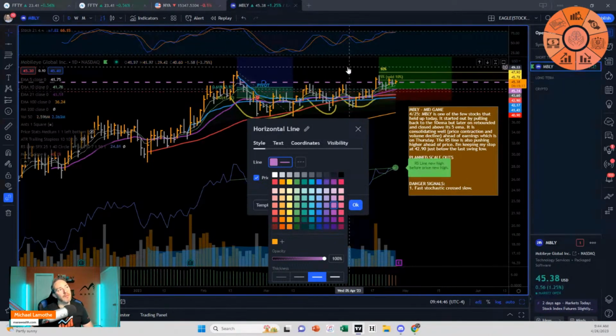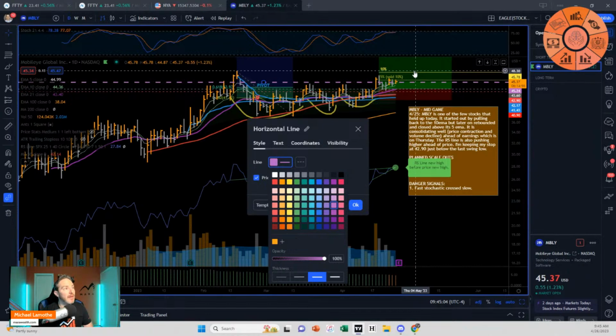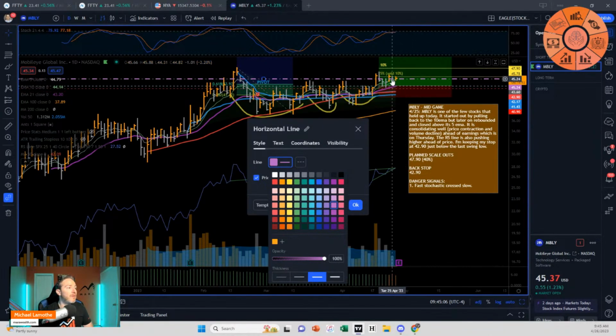So let's just say that we placed our stop there. It's kind of right in the middle of all the price action, right? It doesn't make a whole lot of sense to place a stop there because you're right in the middle of all the action. It's likely to get taken out just by the price moving as it's shown to have moved over the past few days, over the past couple of weeks here.